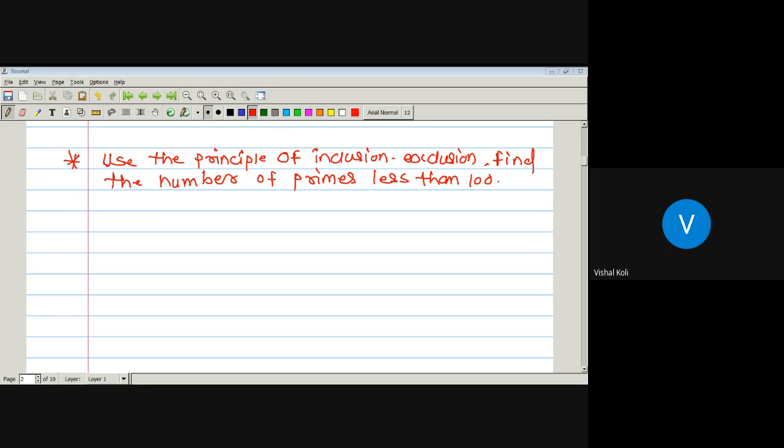Less than 100 means here we have to check up to 99 only. Here we have to find out the number of primes less than 100. It means the value of N will be 100.